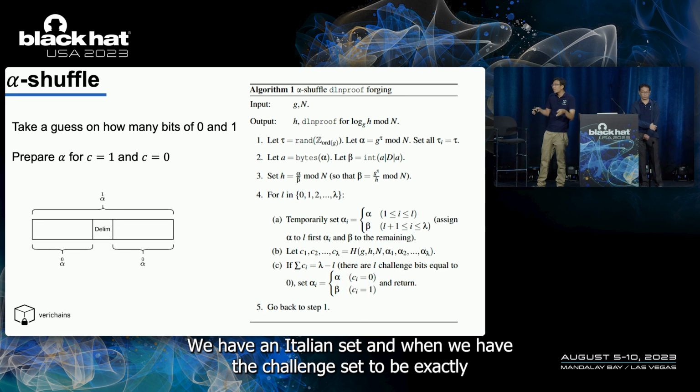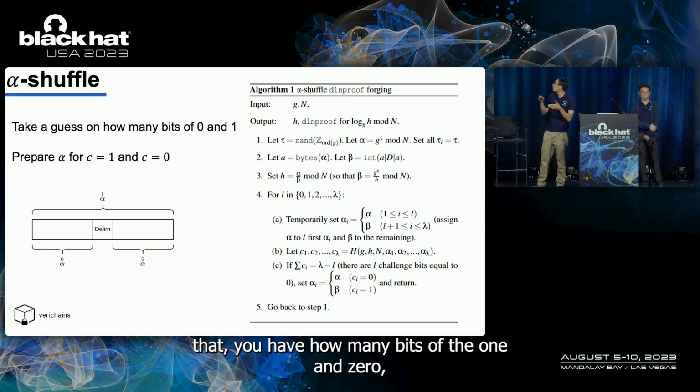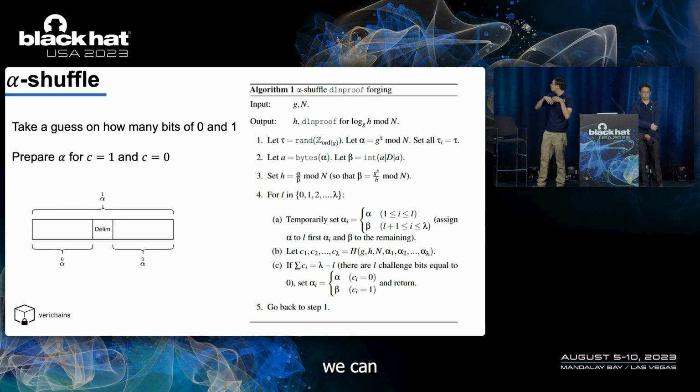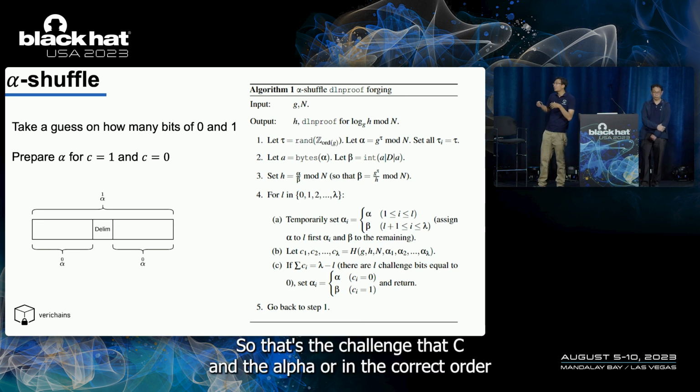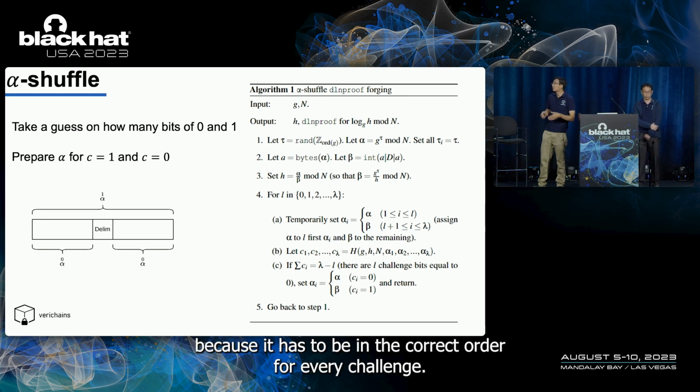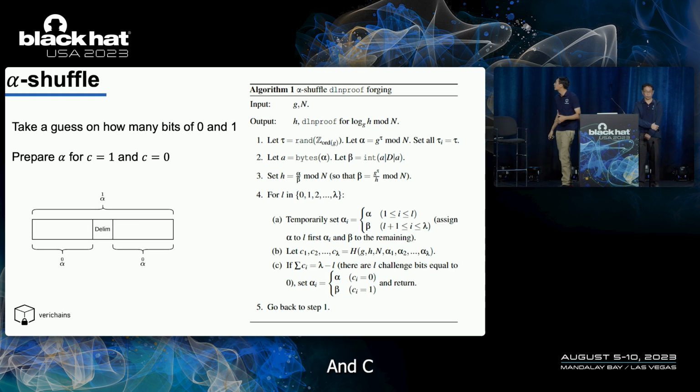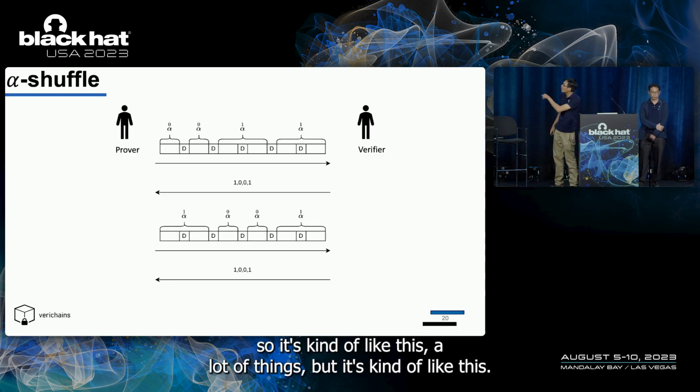It will have the challenge set, and when we have the challenge set to be exactly what we guessed for how many bits of 1s and 0s, we can rearrange that so that the challenge set C and the alpha are in the correct order, because it has to be in the correct order for every challenge and C. A lot of things, but it's kind of like this.